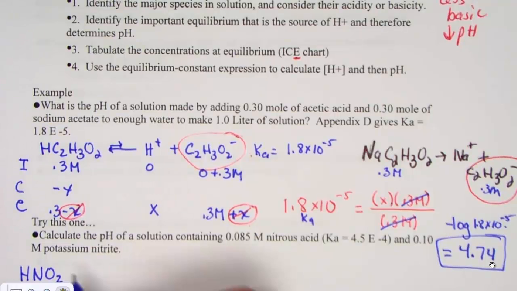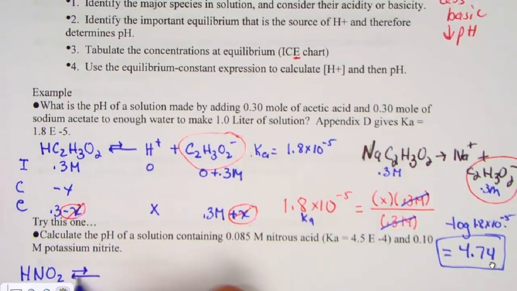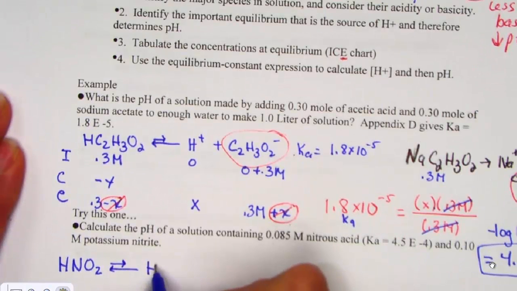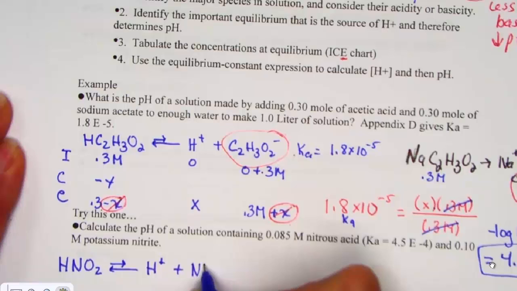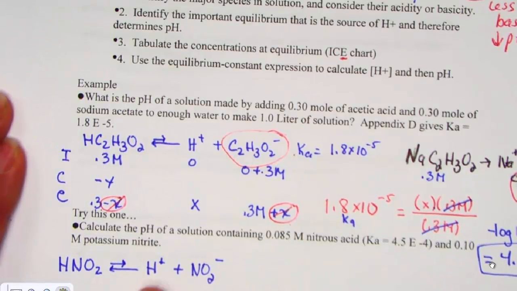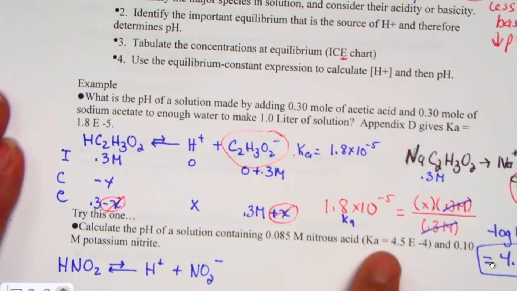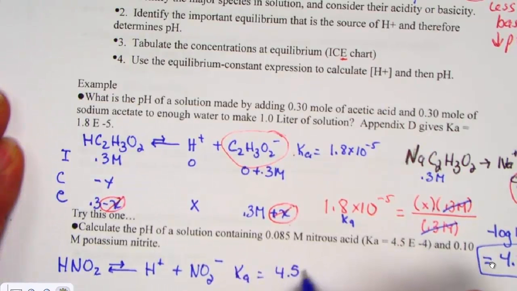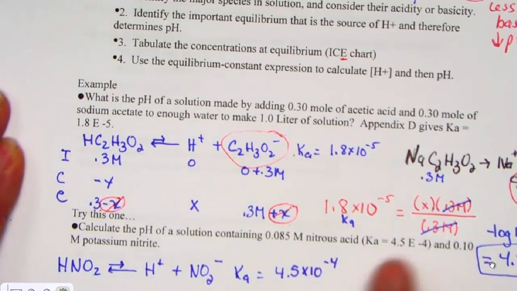HNO2, is nitrous acid. The very definition of weak says it's going to set up an equilibrium. And when it does so, we get the two ions, the conjugate acid hydrogen ion and its conjugate base nitrite. It has a Ka value of 4.5 times 10 to the negative fifth. Oh, excuse me, I'll repair that right now, to the negative fourth power.